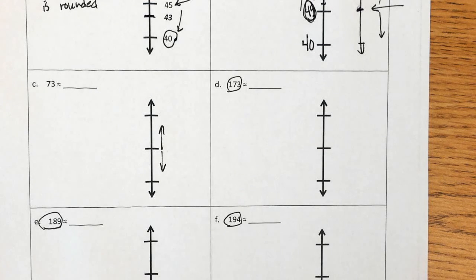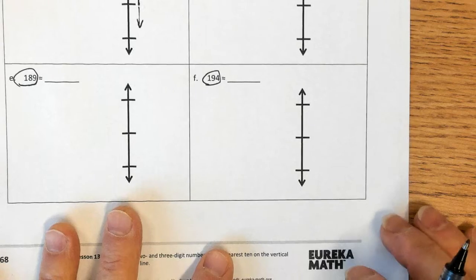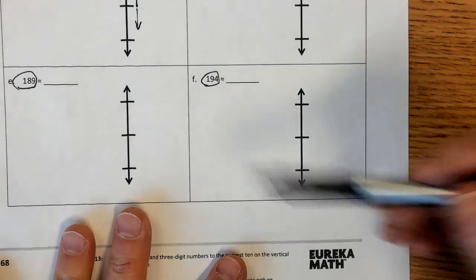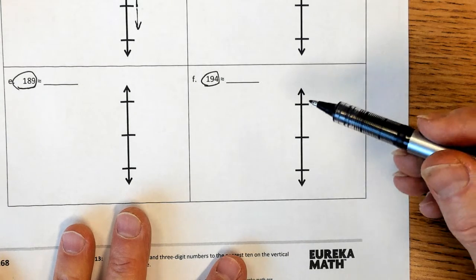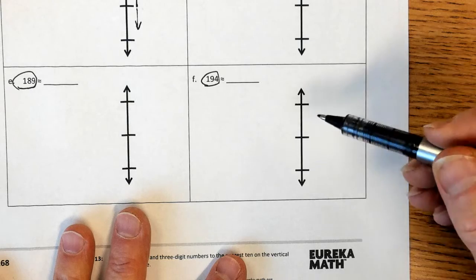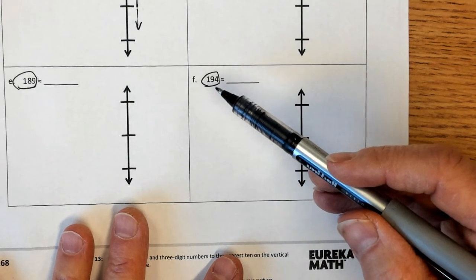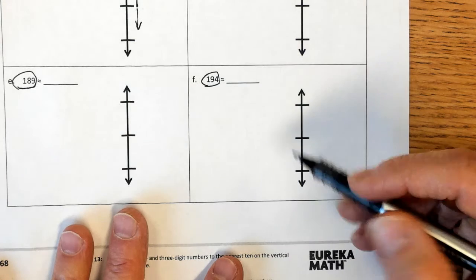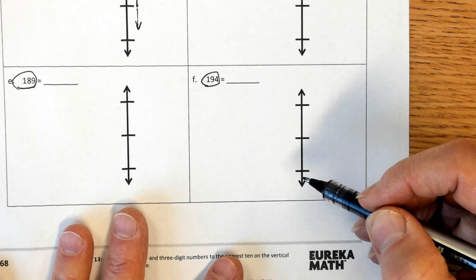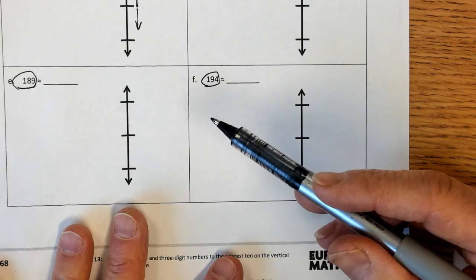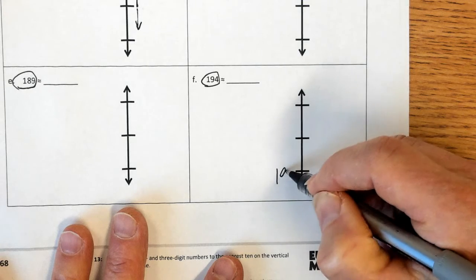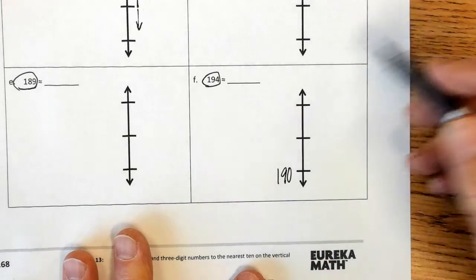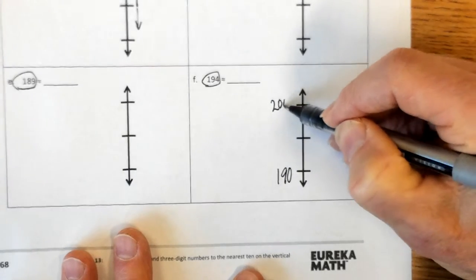Okay? Let's do a bigger one. We'll skip down to the bottom as an example. 194. Well, we need to label this with the two multiples of 10 that surround 194. If we thought of this as 94, we'd probably say the multiple of 10 under 94 is 90. So in this case it's 194, so this would be 190. And then 10 more than 190 is 200.